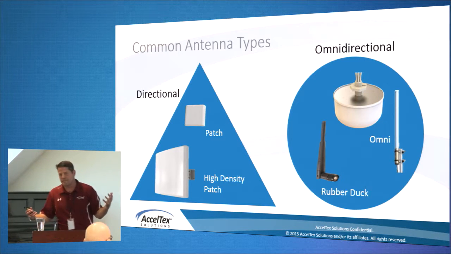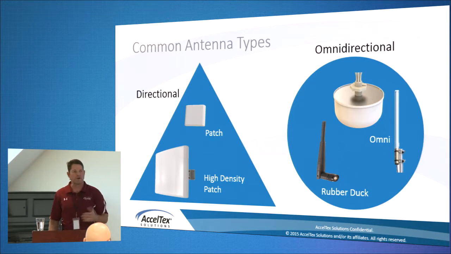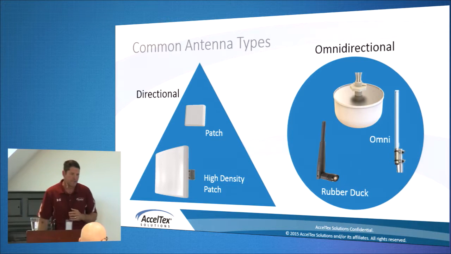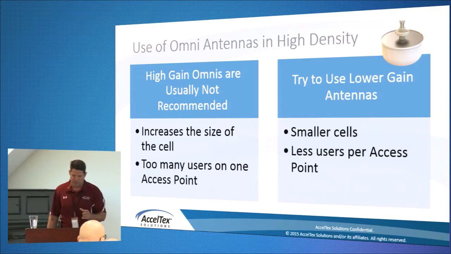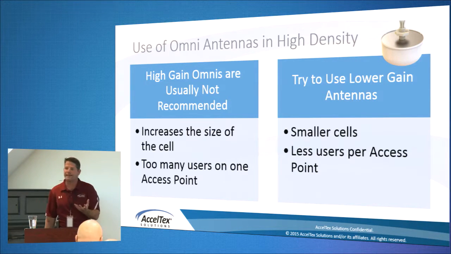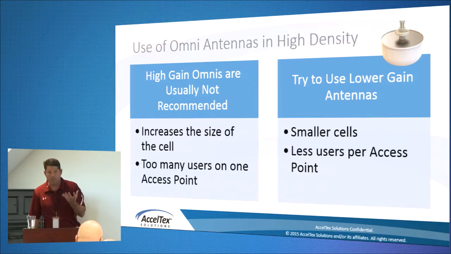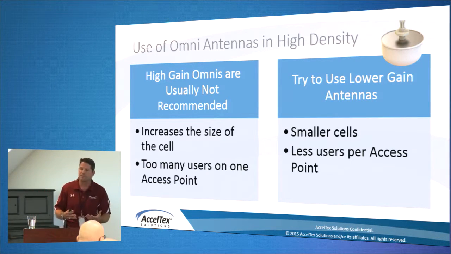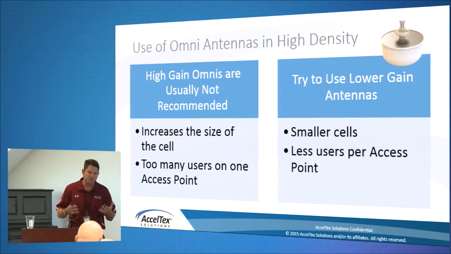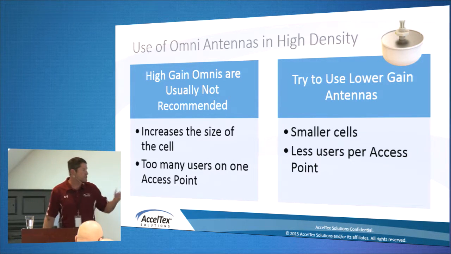So common types of antennas, I feel pretty comfortable you guys know how antennas work. Obviously you have directional and omnidirectional. In high density environments, you tend to want to stay away from real high gain omni antennas, mainly because they cover too big a footprint. In a high density environment, you usually want a smaller footprint, a smaller coverage area, to make smaller cells.